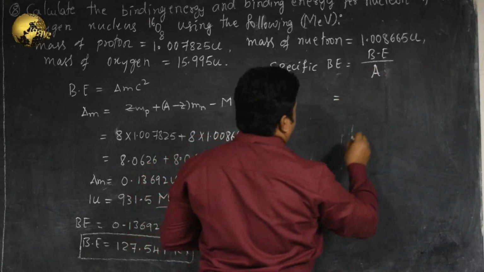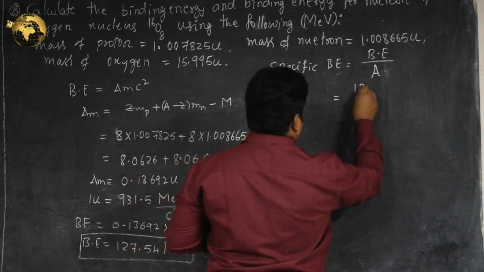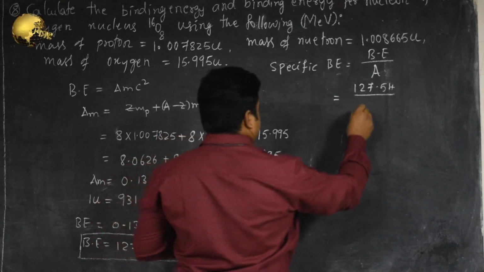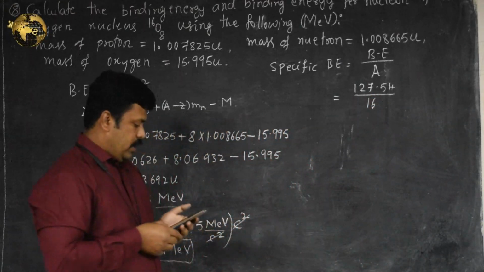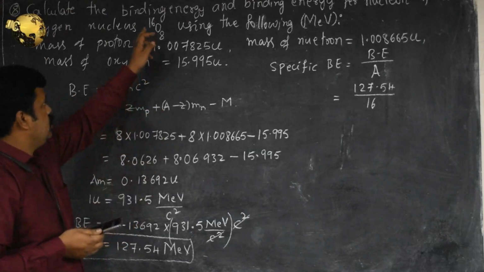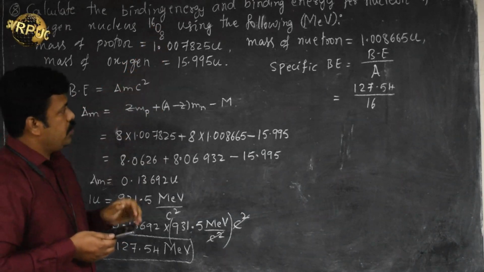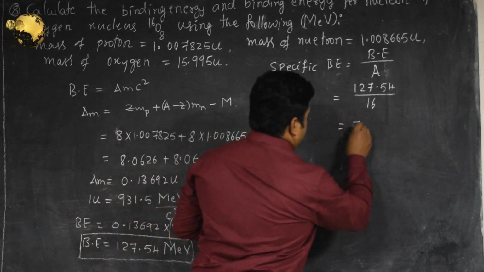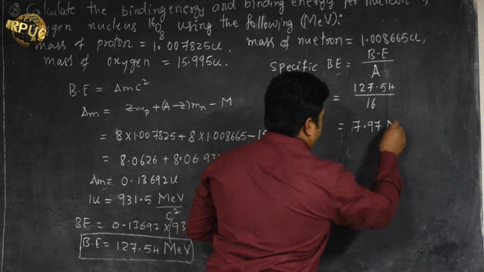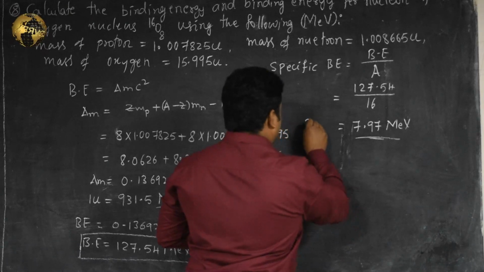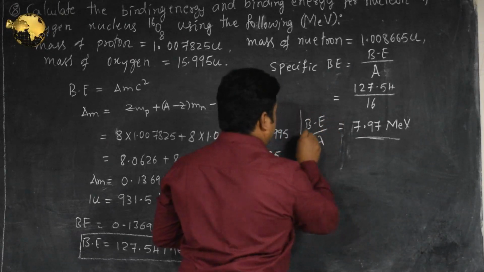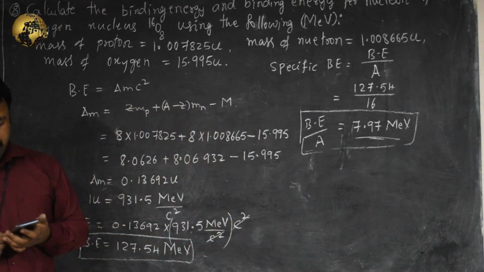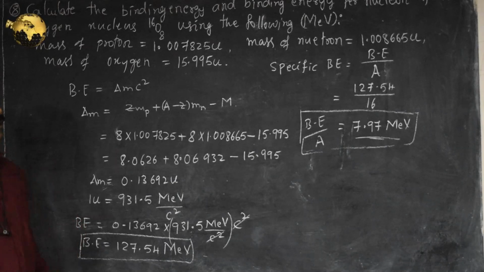So the binding energy is 127.54 divided by 16, the total number of neutrons and protons. So we get 7.97 mega electron volt, that is the binding energy per nucleon. We get it as 7.97 mega electron volt. So this completes the numerical.